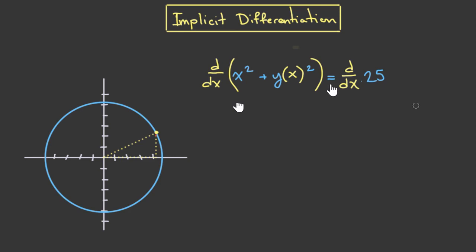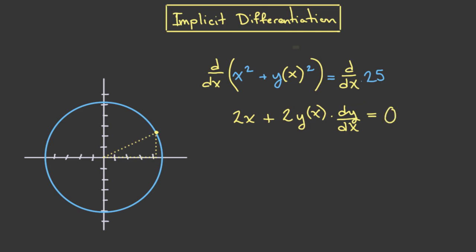So let's go ahead and differentiate both sides with respect to x, and we get that the derivative of x squared is equal to 2x, and applying the chain rule, we get that the derivative of y of x squared is 2y times dy dx, and because 25 is a constant function of x, the derivative is 0.